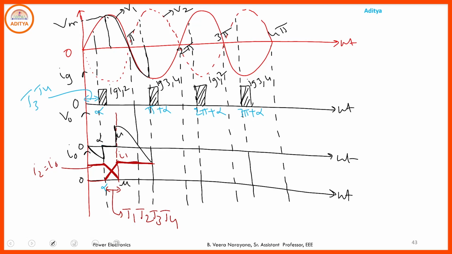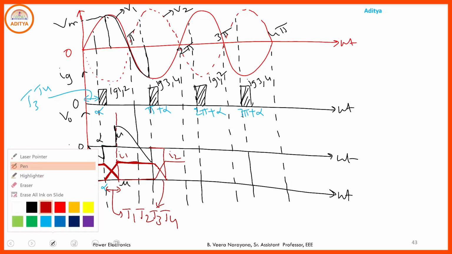At pi plus alpha, T1, T2 are the outgoing SCRs and T3, T4 are the incoming SCRs. So the output current does not immediately transfer due to the presence of the source inductance, hence it will take some time. So in this portion, again all the devices are in the on state, and again the output voltage is 0.